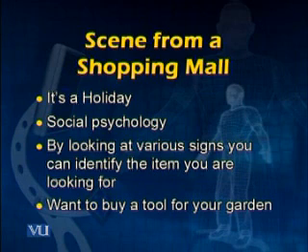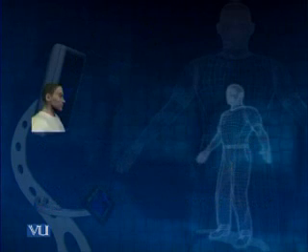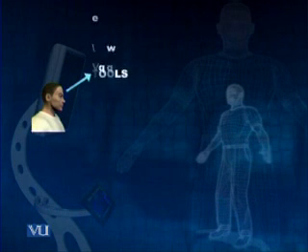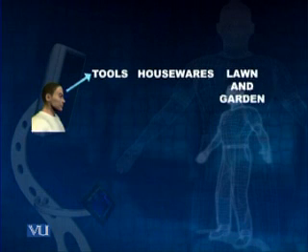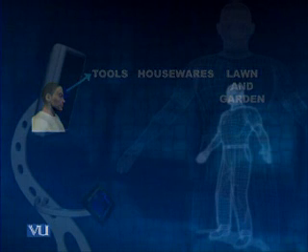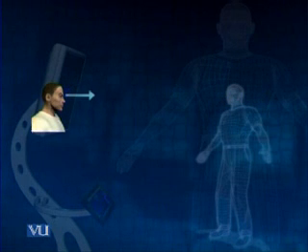आप अपने garden के लिए कुछ औजार तलाश करना चाहते हैं. So by looking at the signs inside the store, you can see it says tools, housewares, lawn and garden. तो आप tools की तरफ देखते हैं और उस aisle के अंदर चले जाते हैं. You then see more detailed signs.